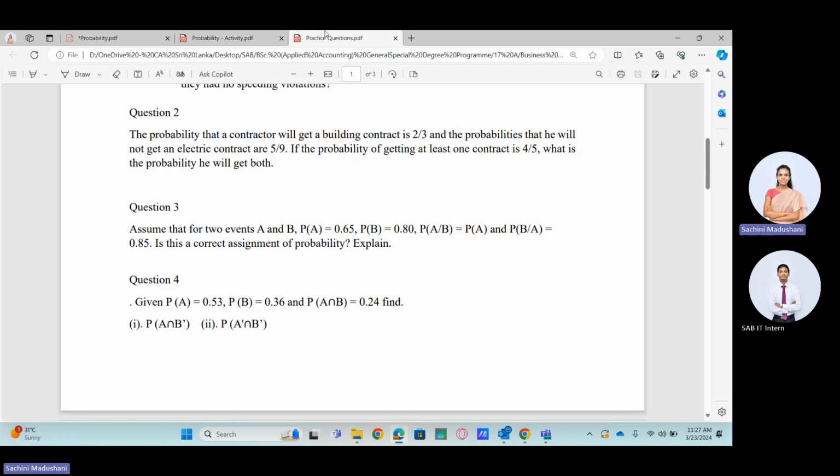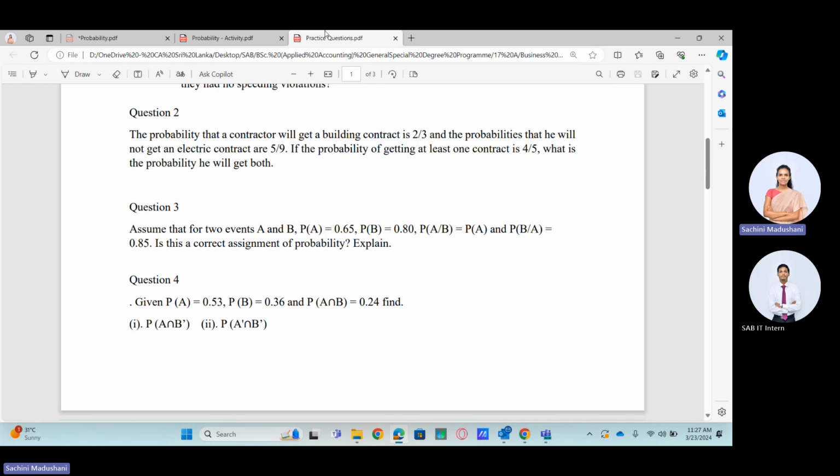Then the other one says getting at least one contract is 4 over 5. At least one means he will get a building contract, he will get an electric contract, or he will get both. The lowest is he will get only one contract, at least.